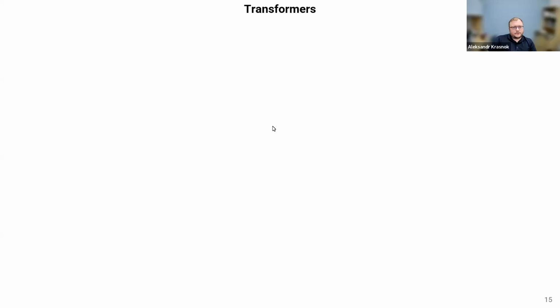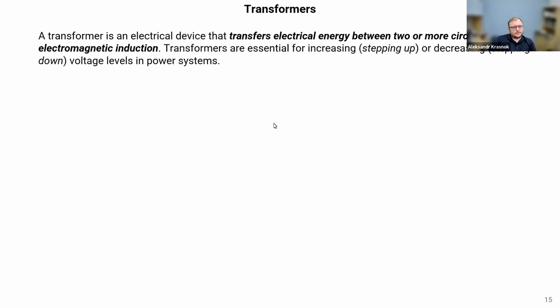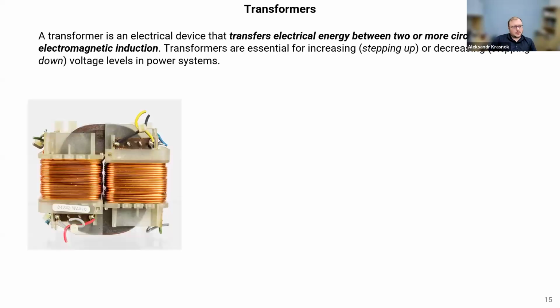And about transformers. So what is a transformer? A transformer is something that allows you to transform or change electric voltage from one level to another, right? If you reduce the voltage, it is stepping down. If you increase the voltage, it's stepping up. This is how this system typically looks.